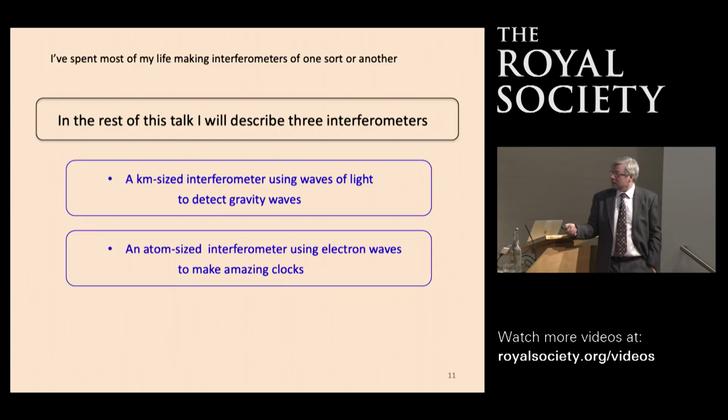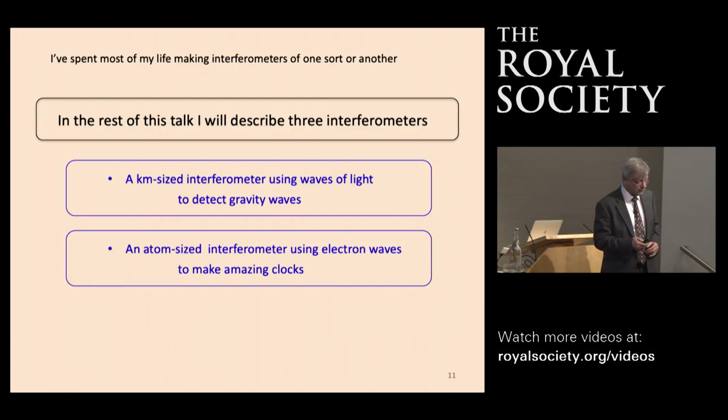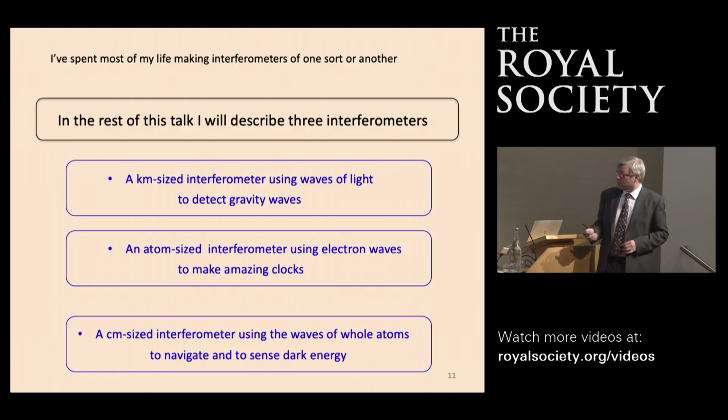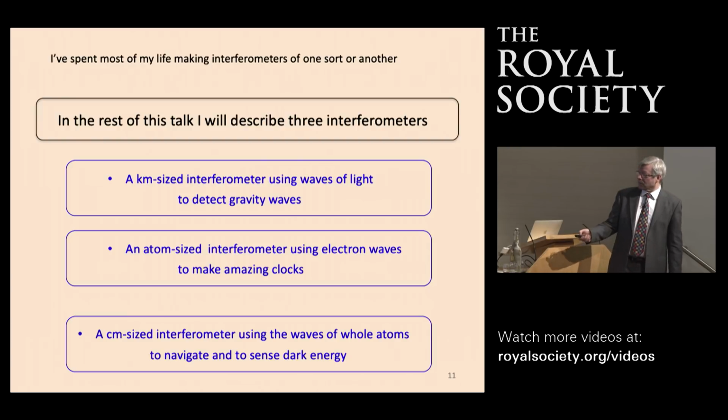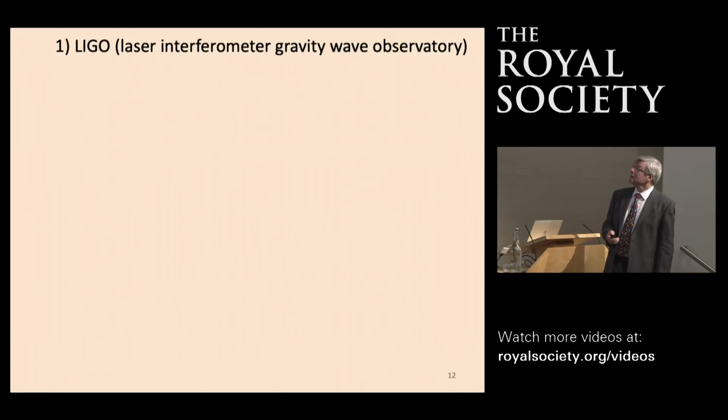The second one is going to be exactly the opposite, really. It's going to be electrons instead of light, and it's going to be an atom-sized interferometer, absolutely minute. And the last one is going to be in the middle, a centimeter-sized interferometer using a different kind of wave that I will explain, a wave made out of whole atoms. So let's begin with the kilometer-sized interferometer.